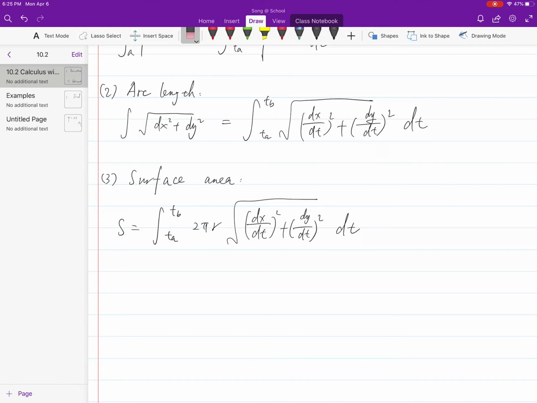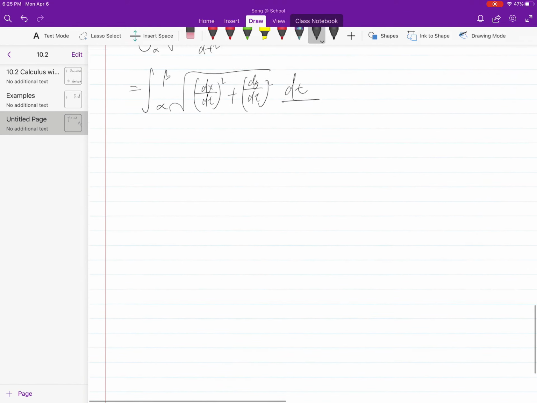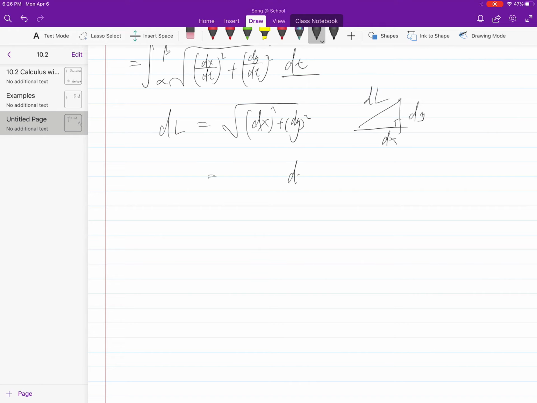For arc length and surface area, it's not that straightforward. You probably need to memorize this formula. But again, this formula really is nothing if you remember things at this level. That is, all dl come from this, which is the Pythagorean Theorem for infinitesimal small triangles.